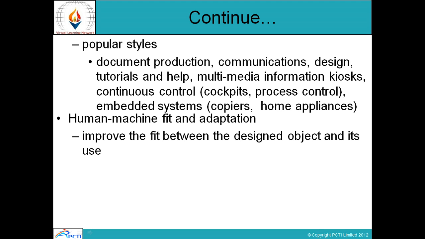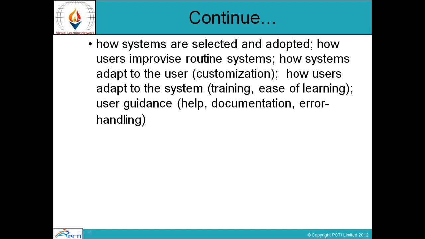So while designing the interface, we have to keep this in mind: it should be designed in such a way that the target can be achieved or the purpose can be served. How systems are selected and adapted, how users improvise within the system, how the system adapts to the user, customization, how the user adapts to the system, training.